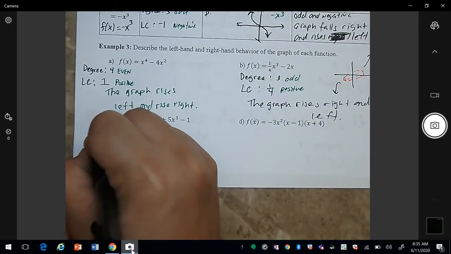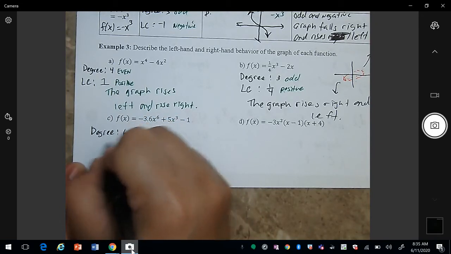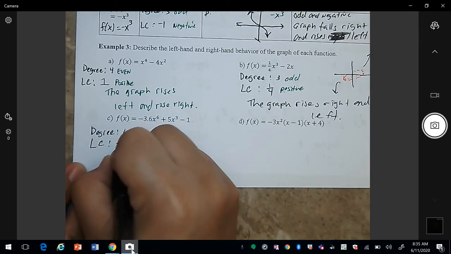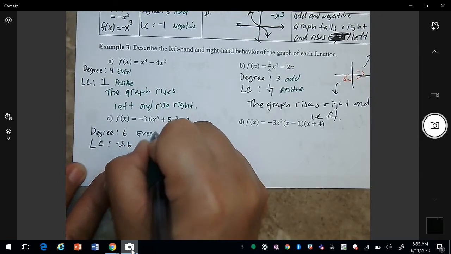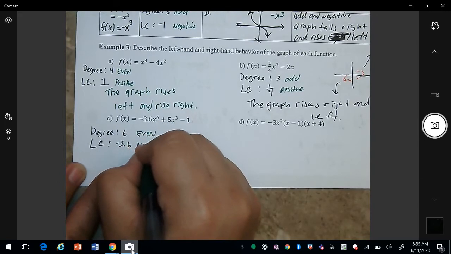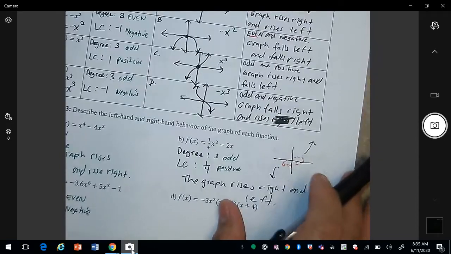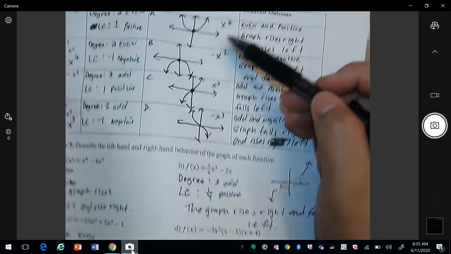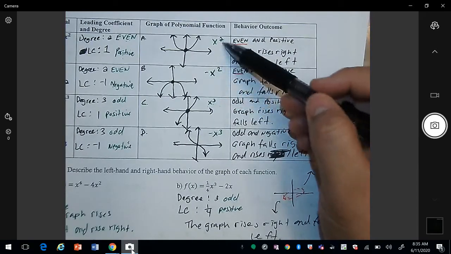The next one, the degree is 6, leading coefficient negative 3.6. So this is even, and this is negative. So we look at our possible graphs here. We're working with these two since their degree is even.